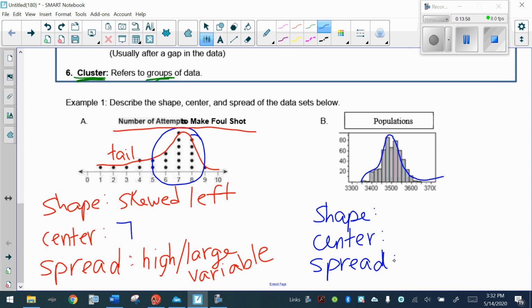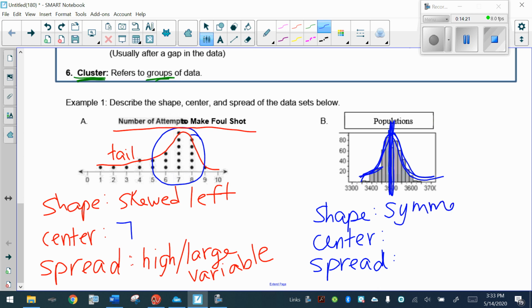All right, so first the shape. If I look at this thing, would you say that one side has a longer tail than the other? Or would you say they are roughly mirror images? Yeah, I would say those are roughly mirror images of each other.